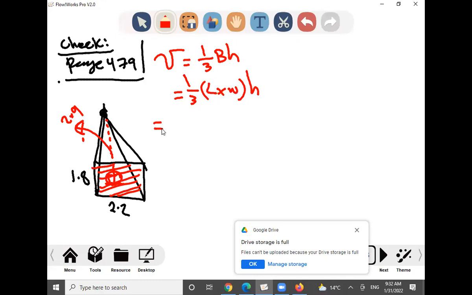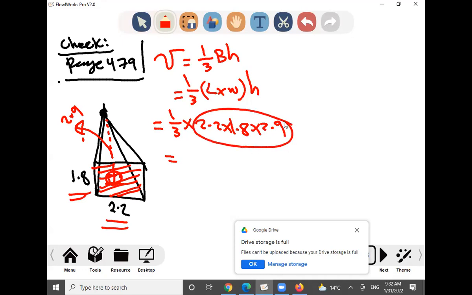V equals 1 over 3 multiply the length 2.2 multiply the width 1.8 multiply the height 2.9. Multiply all these three numbers, then divide by 3. The answer will be 3.83 cubic centimeters.